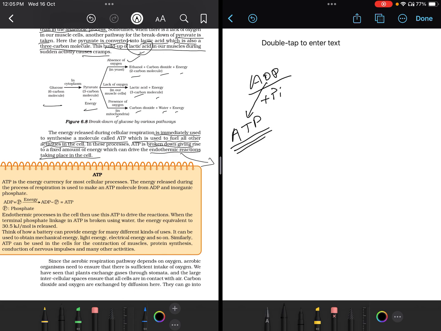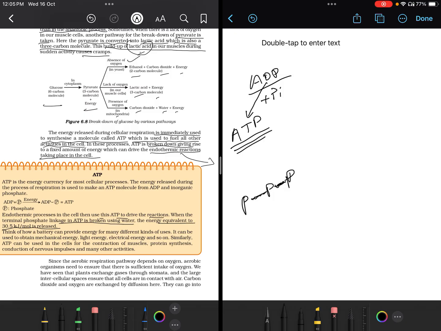Now endothermic processes in the cell can use this ATP to drive reactions. When the terminal phosphate linkage in ATP is broken using water, the energy equivalent is 30.5 kilojoule per mole. You have to remember this. In ATP, three phosphates are there and an energy bond is there.